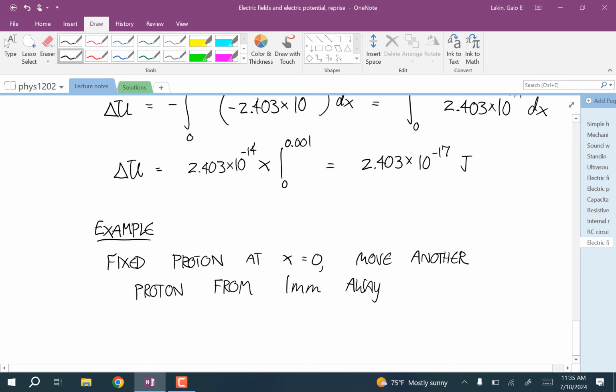Those two repel each other, so that is moving this proton against the force being applied to it. Well, we have some calculations that we can do to calculate the force applied at a single instant.